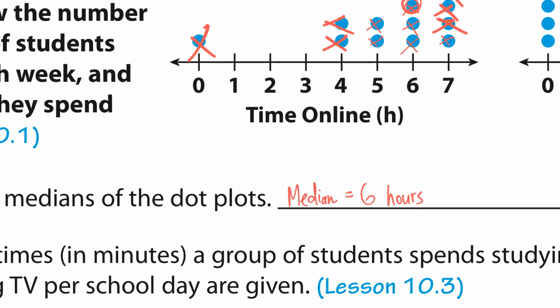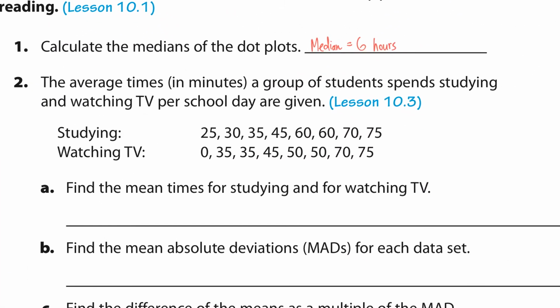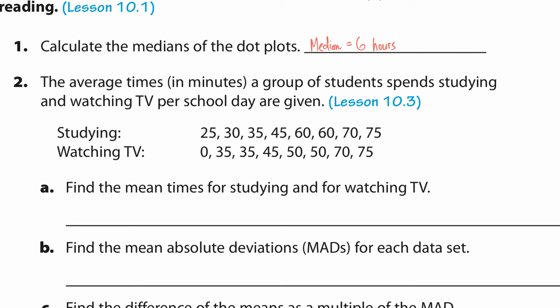Okay, that's pretty easy. And then we have the average time in minutes the students spend studying and watching. So we need to find the means for each of them. And the means, we need to get the total. So the total divided by, I think there's 8 numbers here.